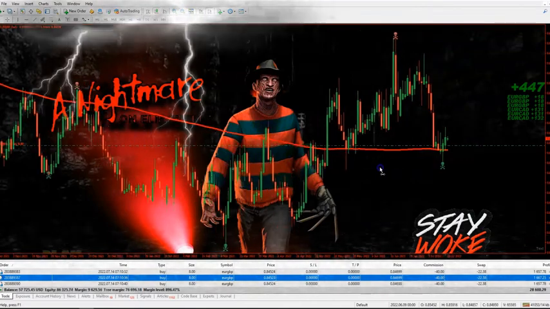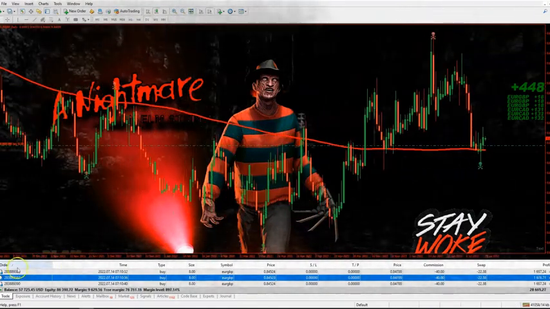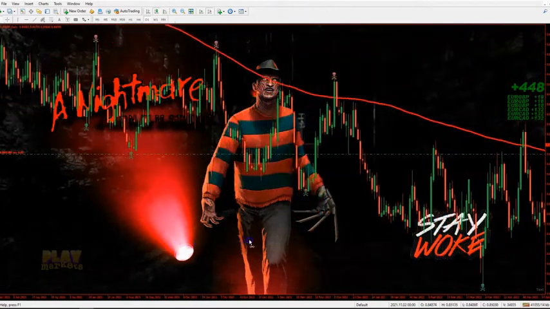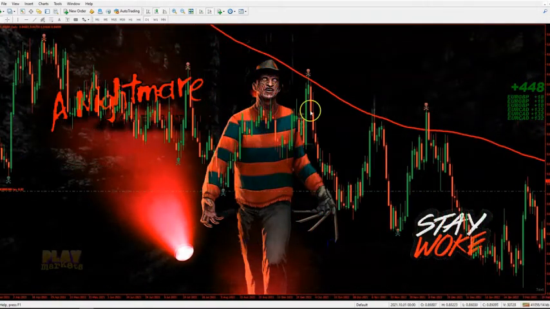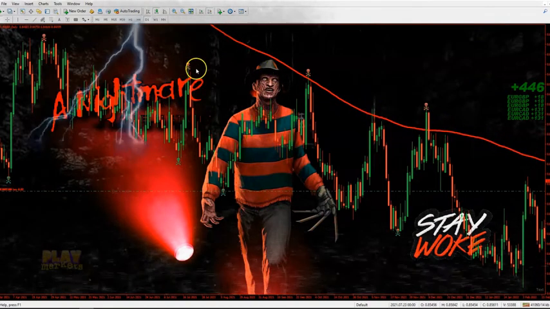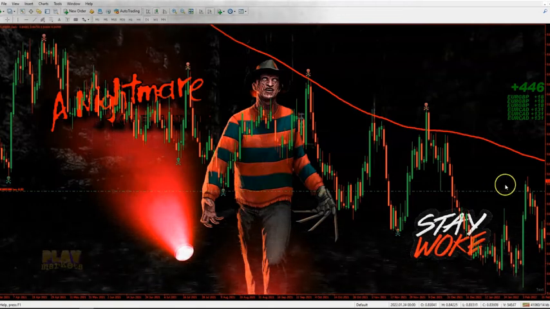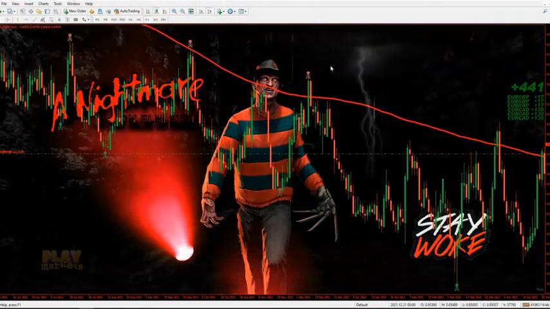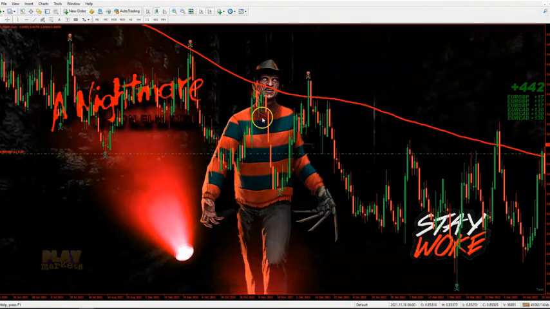So, the skull strategy. If we're under the 200 moving average, we should be looking for sells with this strategy. If we're over the 200 moving average, we should be looking for buys.